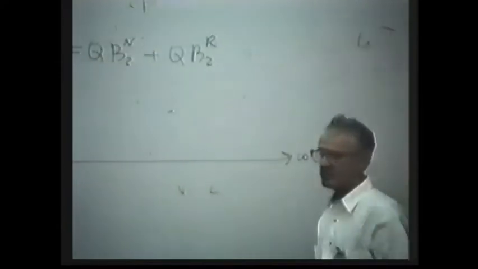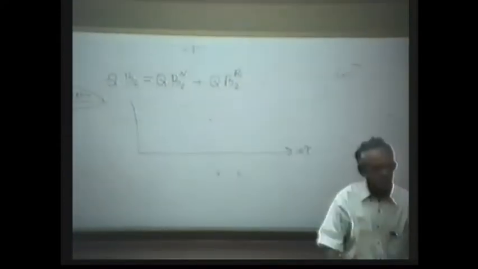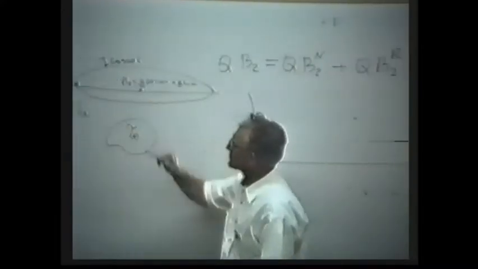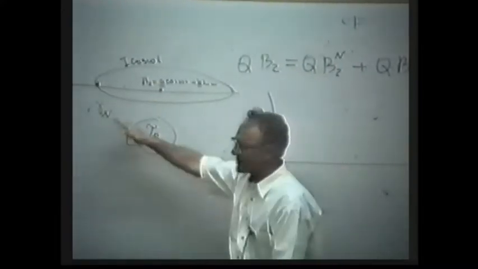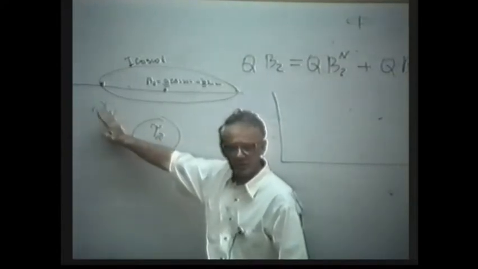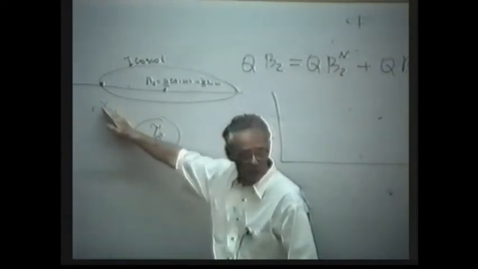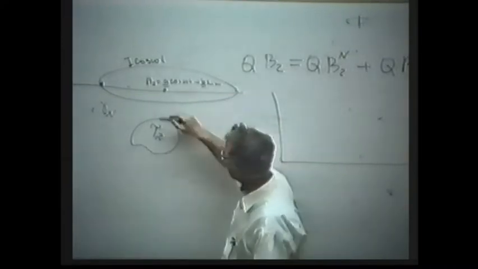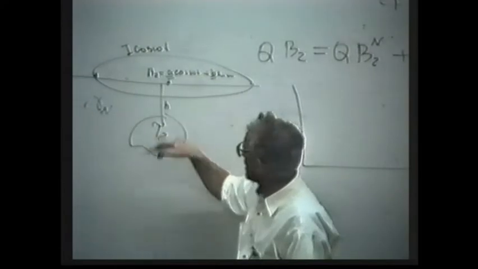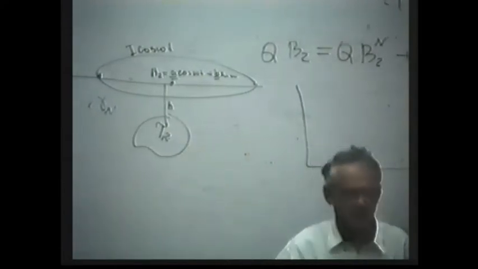Let me plot here omega tau, for example. Tau is the time constant of the conductor. Suppose everything is given: time constant of body, conductivity of surrounding medium, distance, depth, and size, etc.